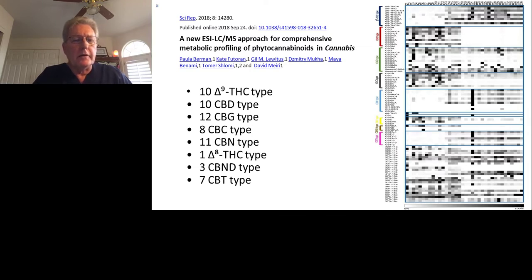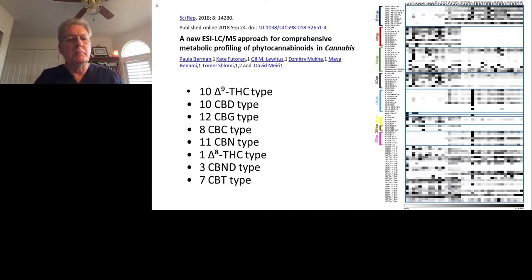Now, there have been 144 cannabinoids identified to date, and over 500 physiologically active substances in the cannabis plant.